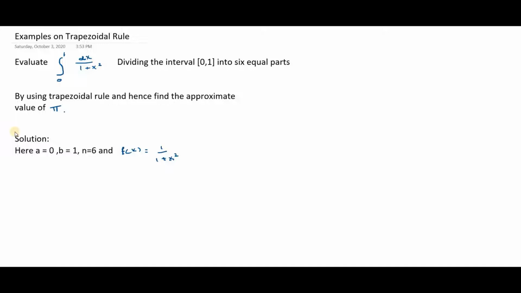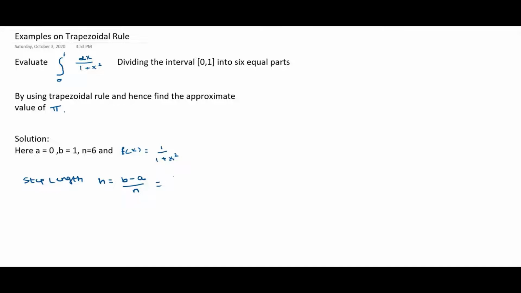So first we have to find the value for the step length, that is h. The formula for h is equal to upper limit minus lower limit divided by n, that is b minus a divided by n.